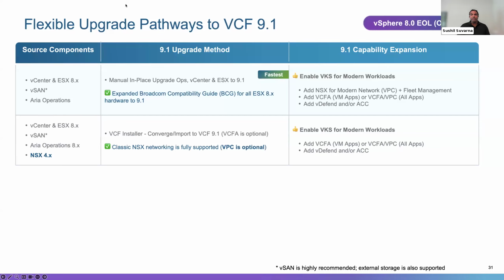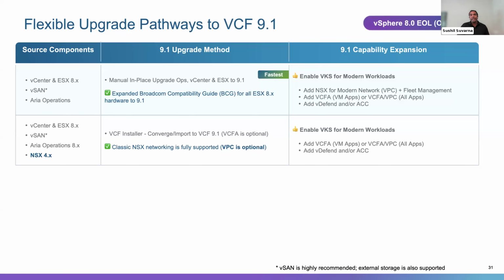Once you do that, you get a chance to enable VKS for modern workloads, and you can also then add on NSX for VPCs and fleet management. You can also add on VCFA, which gives you the flexibility of the modern consumption experience. You can also expand beyond VCF for more security features with vDefend and ACC.